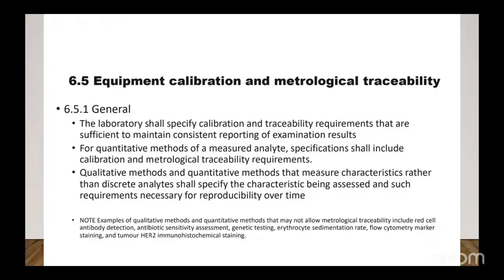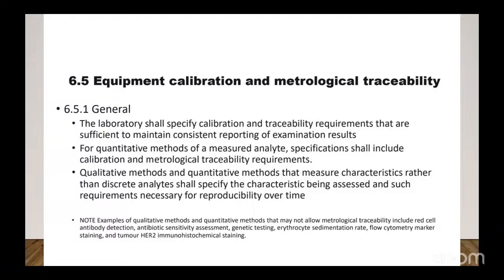Next, we'll talk about equipment calibration and metrological traceability. The laboratory shall specify calibration and traceability requirements that are sufficient to maintain consistent reporting of examination results. So you must have a policy that talks about calibration and traceability.